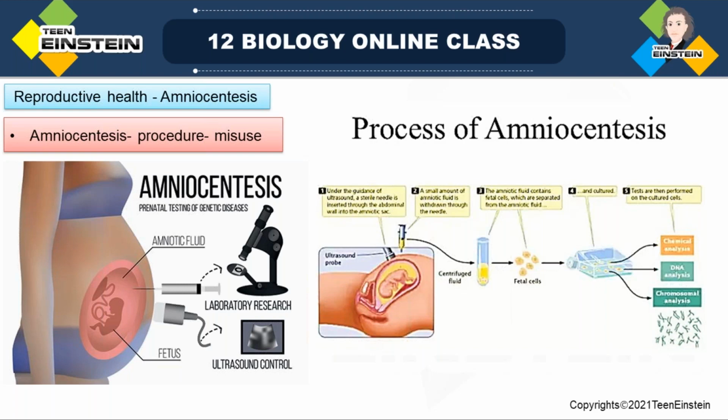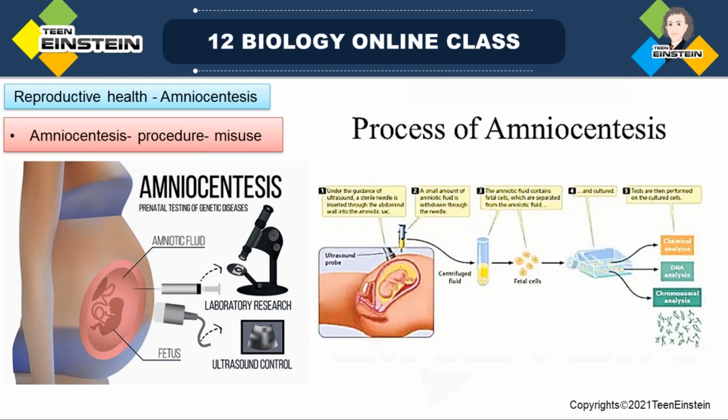Then different tests can be performed on the basis of that sample. We have already collected the amniotic fluid, and with the help of that sample, we can do different kinds of tests. We can find out the genetic risk. Mainly this test is used to diagnose or detect chromosomal abnormalities of the growing fetus, right?